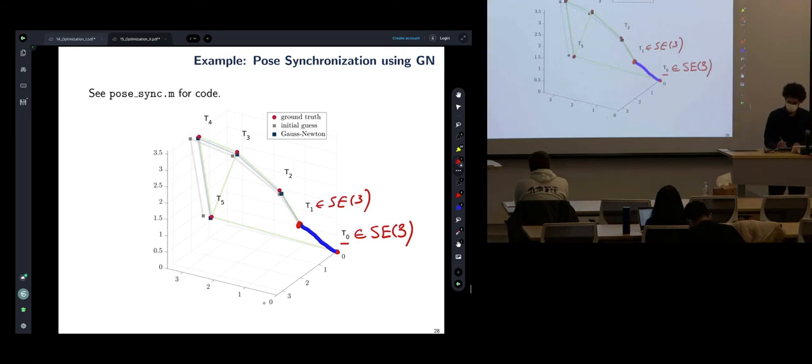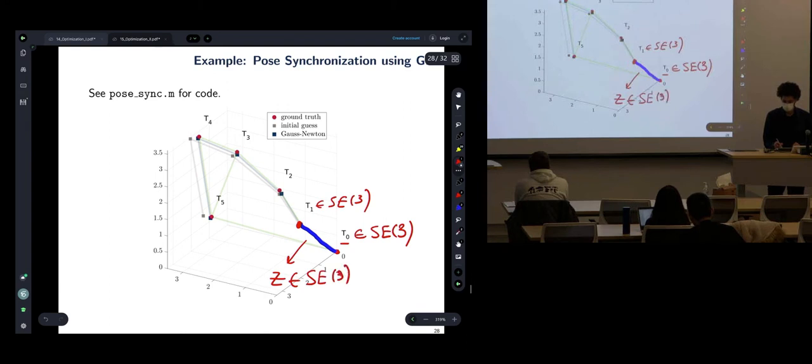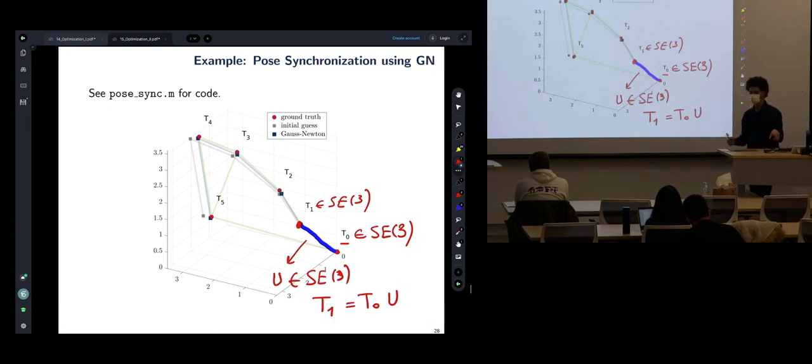So the measurement here, if you call it Z, is also part of SE3, or you could call it U maybe. T1, the way we track with respect to the world frame. Therefore, T1 is T0 times U. So this relationship exists between these two nodes and the relative pose.